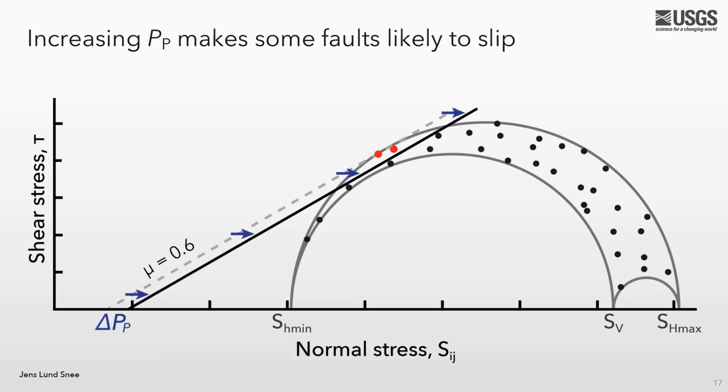If you increase the pore pressure, most people are used to seeing this as the Mohr circle moving to the left, which is if the x-axis here was the effective normal stress. I'm showing just plain normal stress, so it's the same thing as the failure envelope moving to the right. That increases the range of orientations of planes that can become active in that stress field.